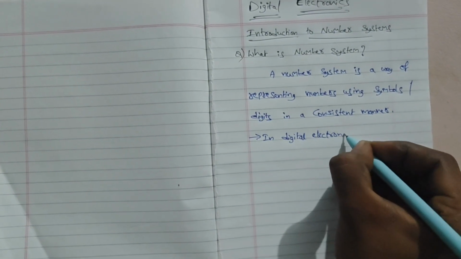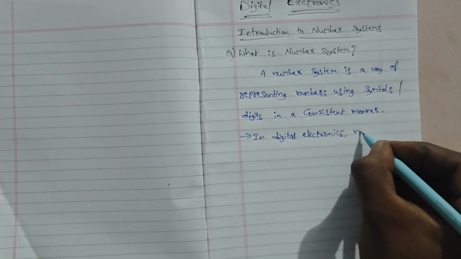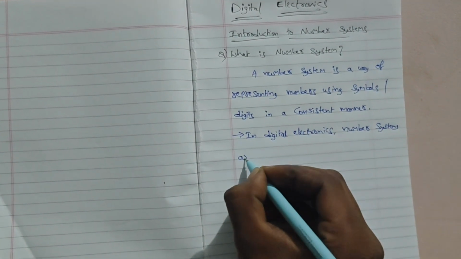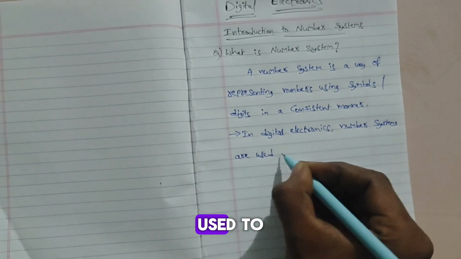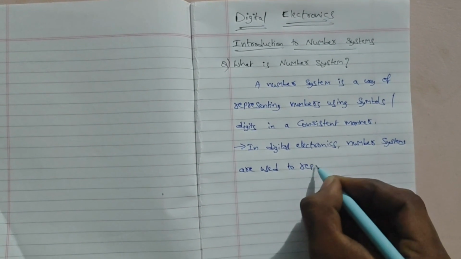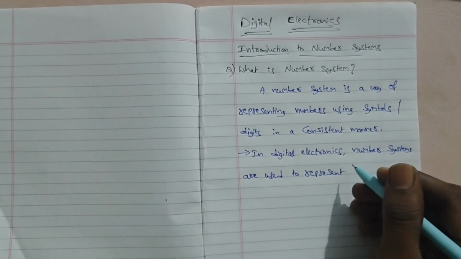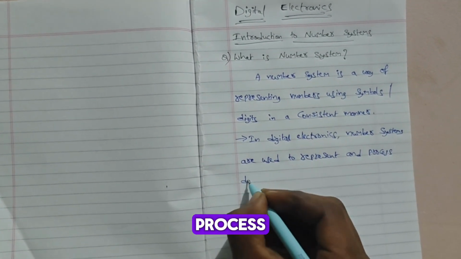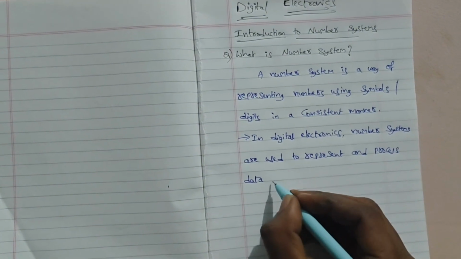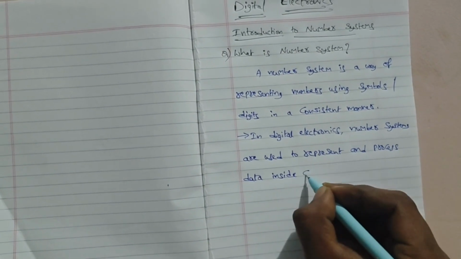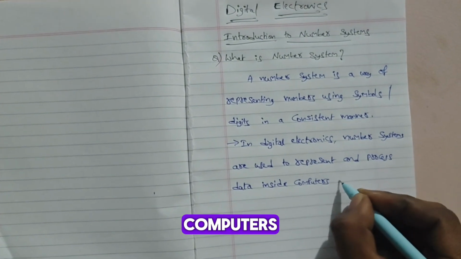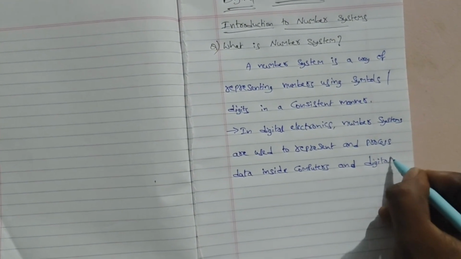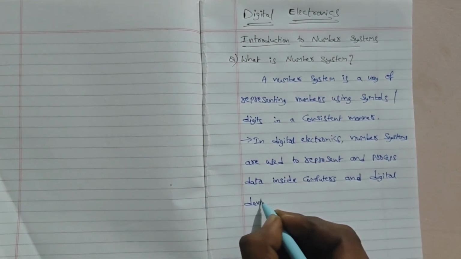In digital electronics, number systems are used to represent and process data inside computers and digital devices.